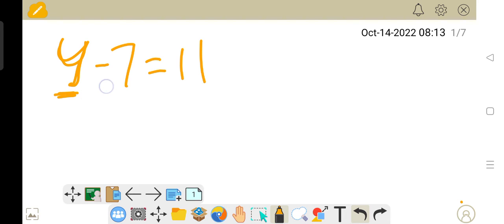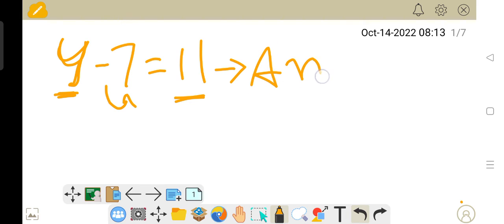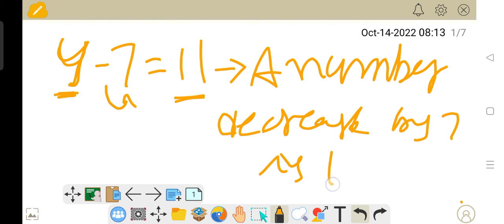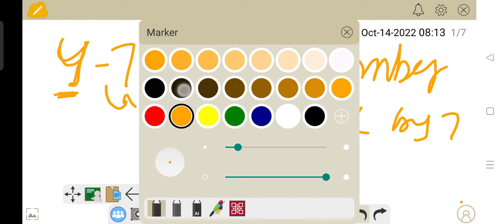A number decreased by 7 is 11, whatever it may be. You have to write anything. Okay, in the textbook you have another solution. A number decreased by 7 is 11.